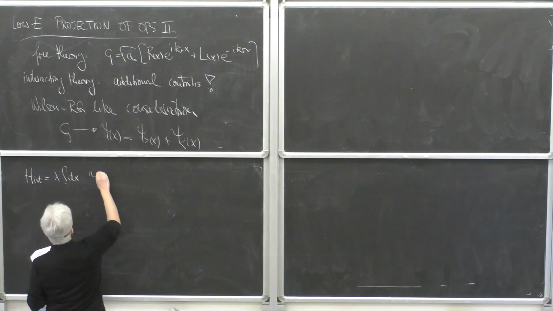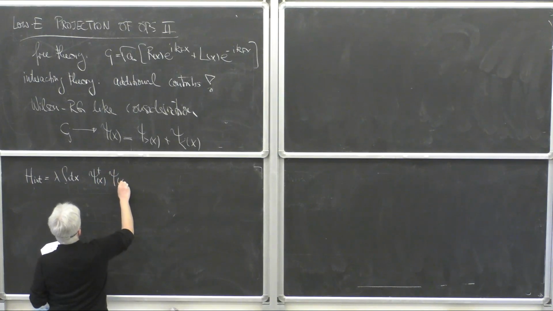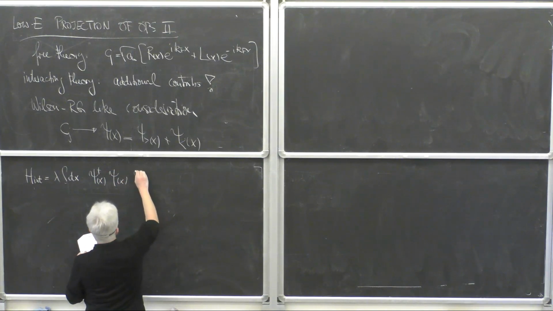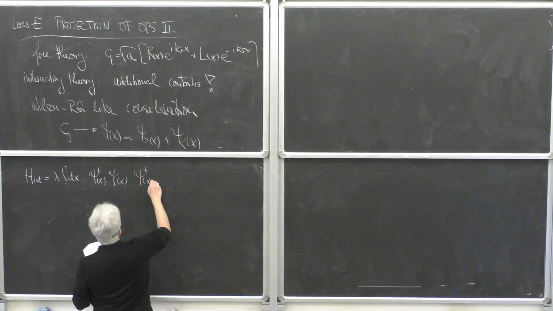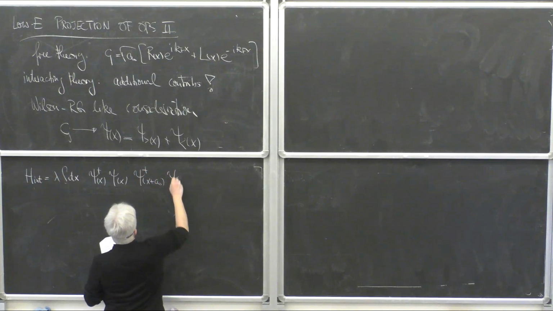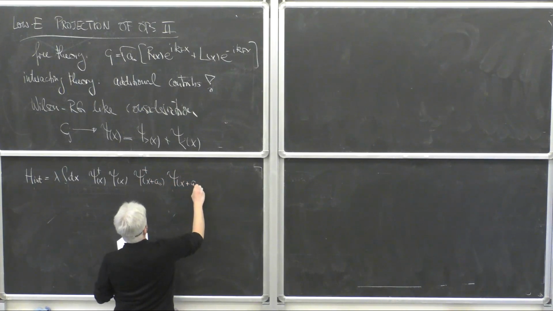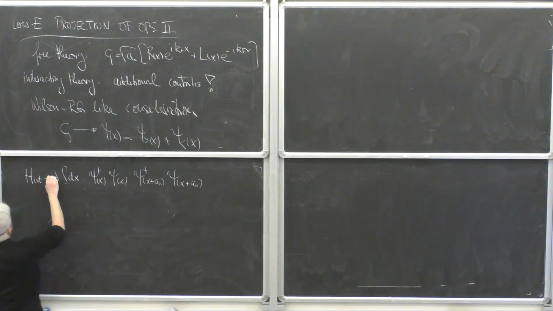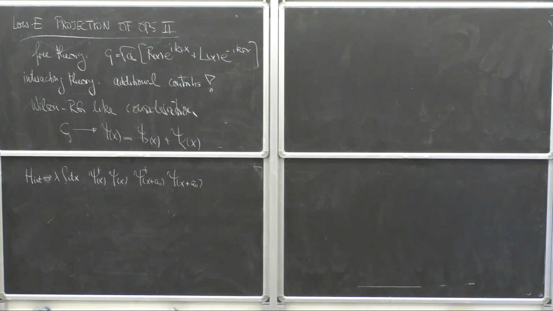So here I get something like ψ†(x) ψ(x) ψ†(x+a_0) ψ(x+a_0). I take my interaction Hamiltonian like so. It's the same form we had for the spin-1/2 chain, which was c†c times c†c.